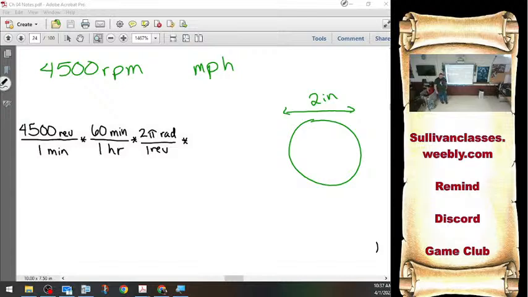You are at the gate. You have your ID. You're ready to go. Go through the gate by saying 1 radian is 1 radius. 1 radius is 1 inch. Now I need to go over to miles. 1 inch? No, 12 inches to make a foot.